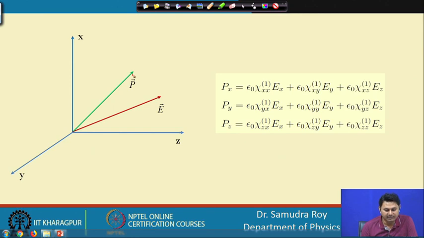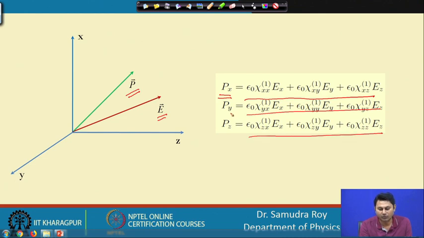If that is the case, then if I divide these things component wise, the x component of P is generated because of the x, y, z components of E. So, the x component of P is generated due to the application of the electric field, but the electric field's x, y and z components are all involved. That is why the equation is written in this particular form. This is true for z.